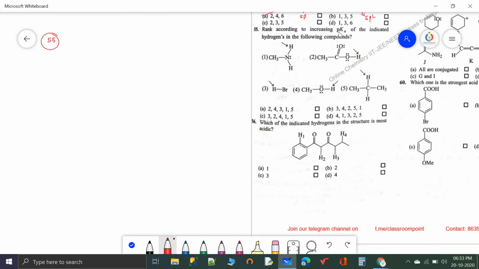Rank according to the increasing order of pKa of the indicated hydrogens in the following compounds.